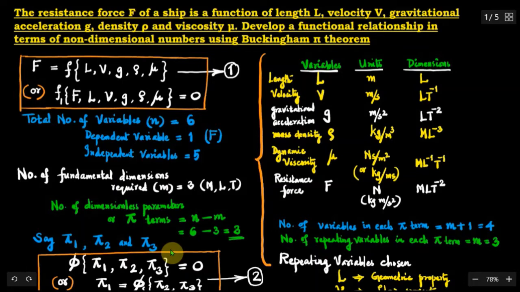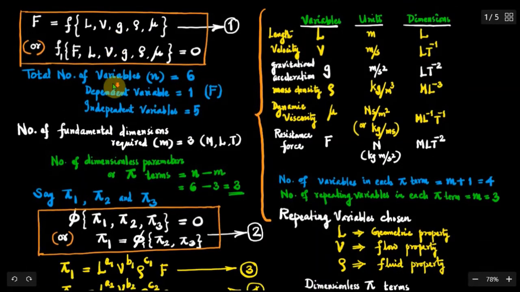Therefore, the given problem can be mathematically stated as function of pi 1, pi 2, pi 3 is equal to 0, or it can be written as pi 1 is a function of pi 2 and pi 3 and so on.